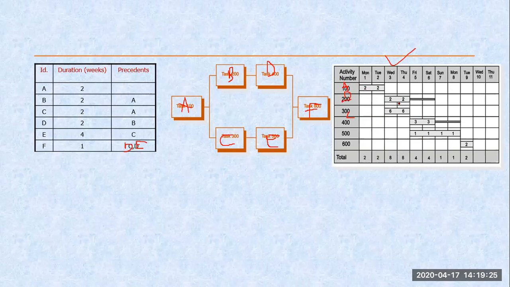Now how can I smooth this? I can smooth this by preponing this particular one. So instead of starting on the third day, I can start it on Monday. So B can be preponed. Similarly, you can prepone this by one more day.